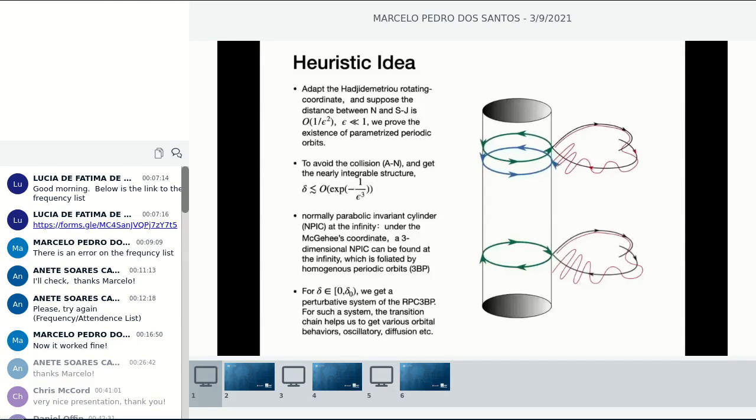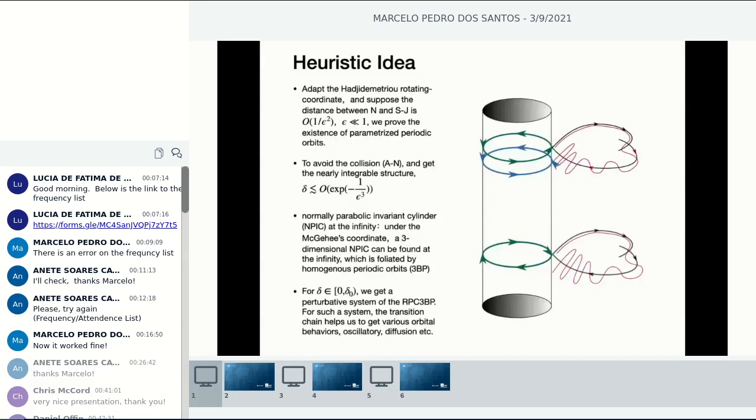Based on this assumption, we can now use perturbative theory to get a normally parabolic invariant cylinder, which we briefly call NPIC. This cylinder is at infinity. Here we introduce McGehee coordinates, and we transform the equation in the region close to infinity and get a three-dimensional invariant manifold.